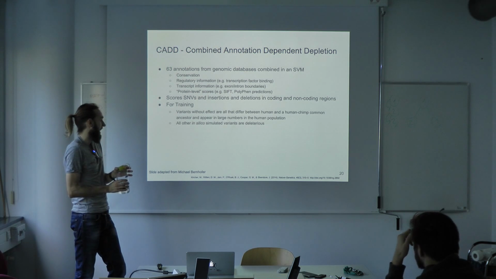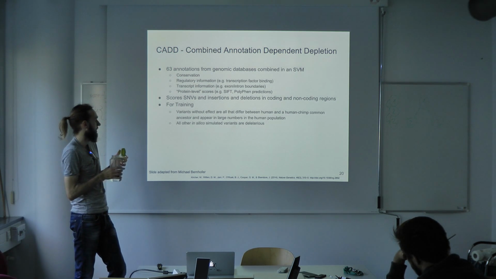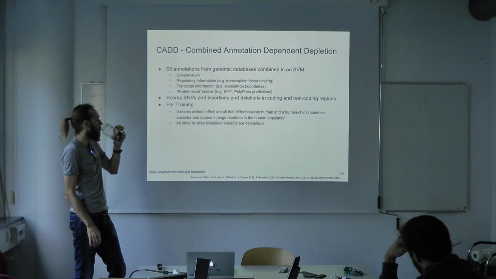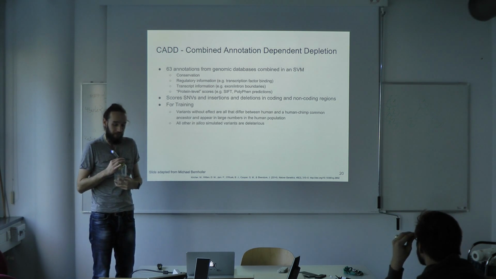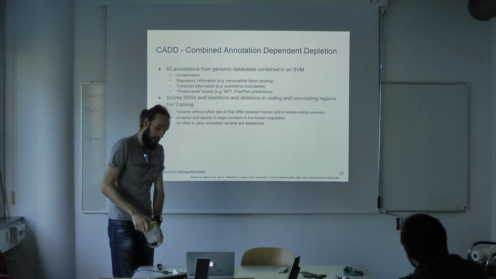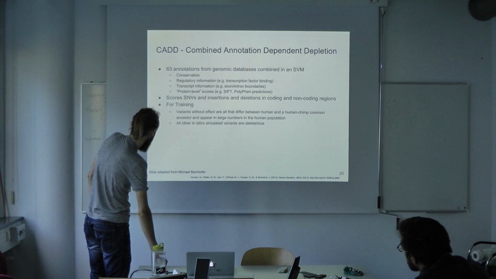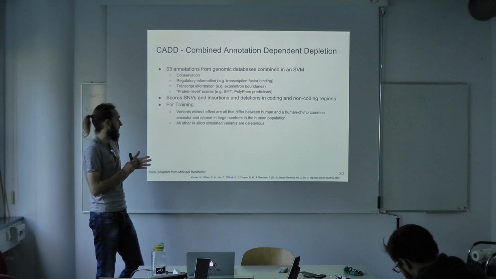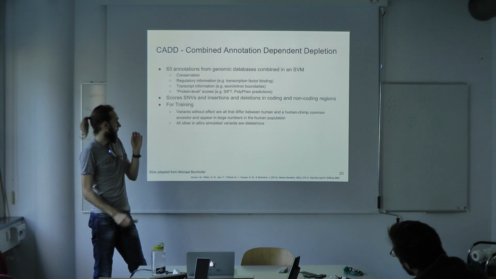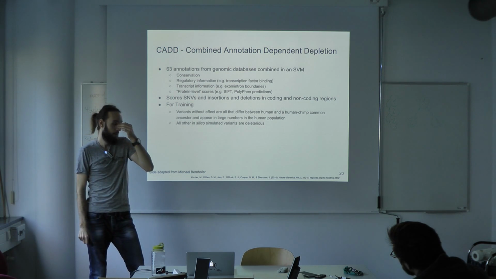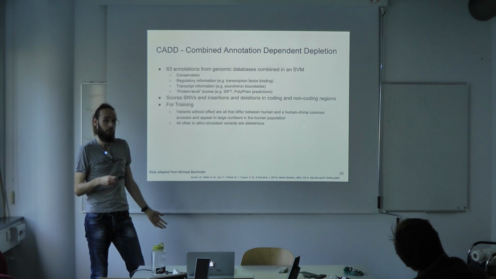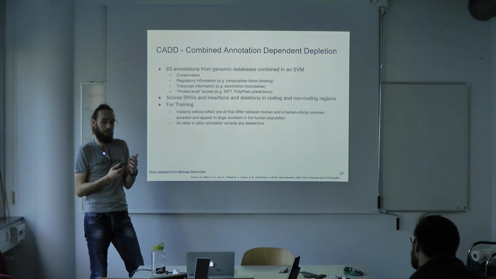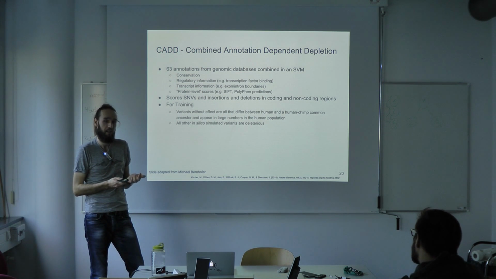So the hack they did here is, for the neutral set, they look at a common ancestor between human and chimps, and then they look at what differs between us currently and that common ancestor, and what appears in a lot of the human population right now.